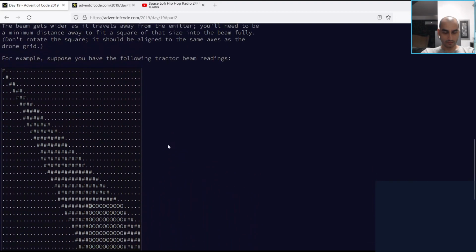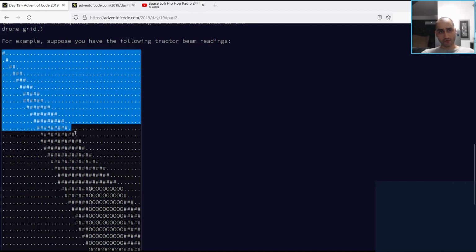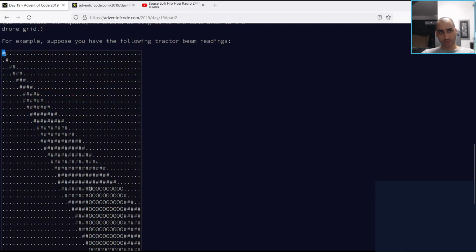So I reckon we start with the square just right at the start. So a 100 by 100 square just sitting right here. We evaluate its top left, its top right, its bottom left.